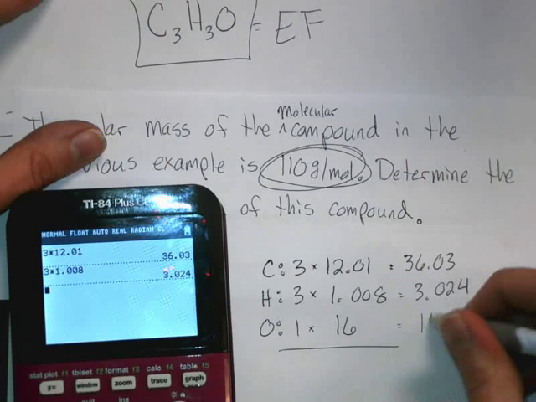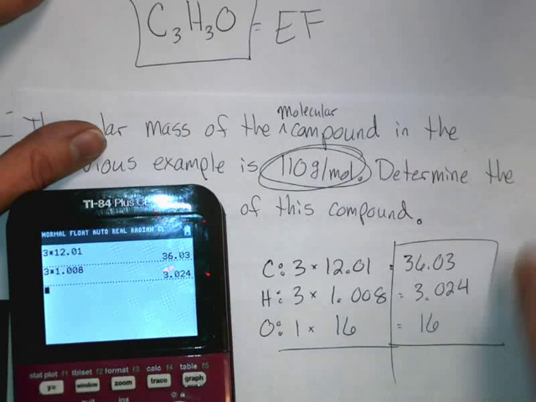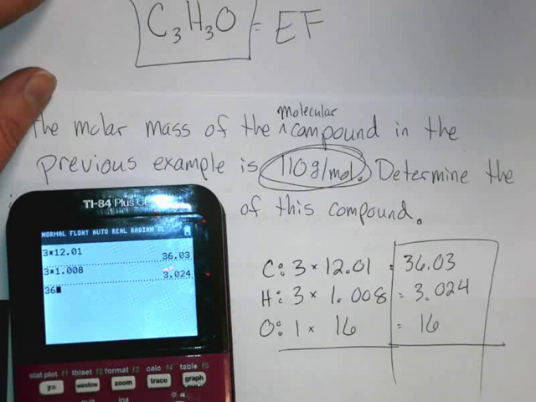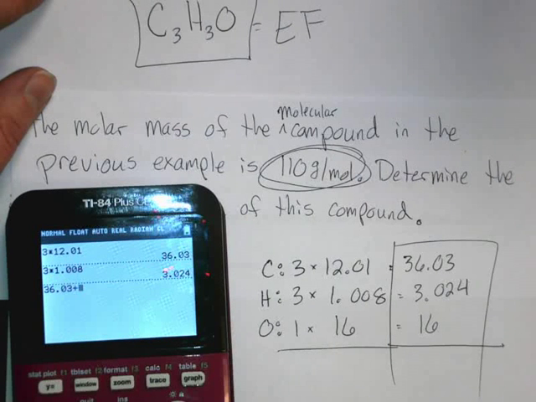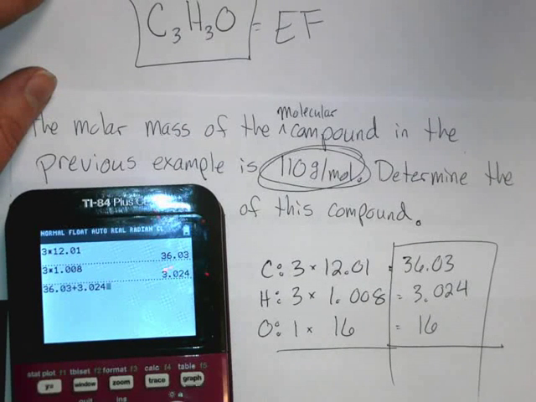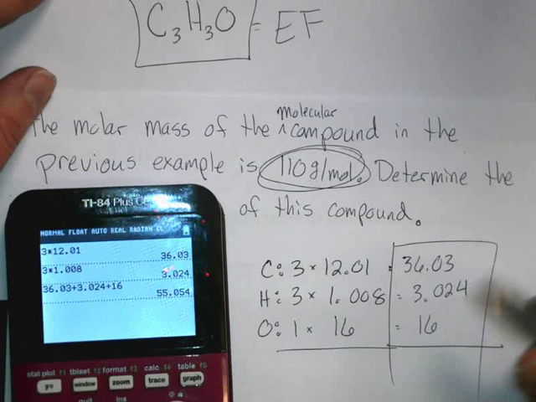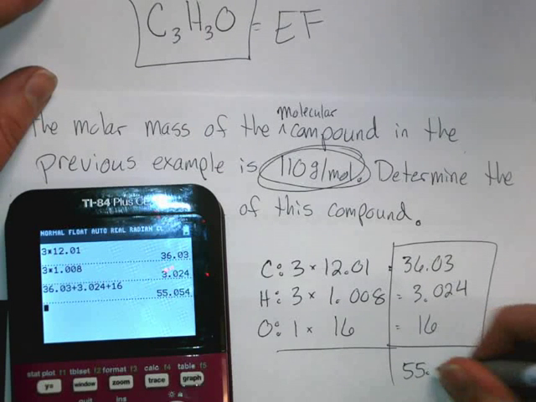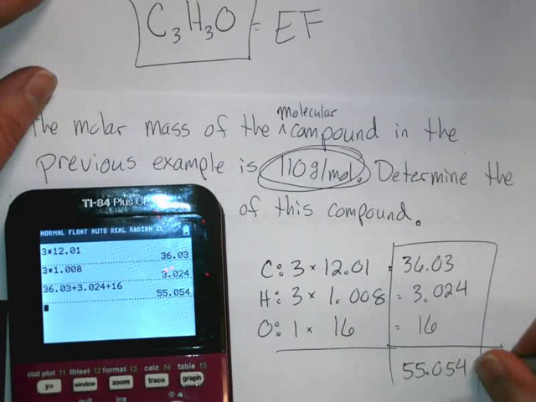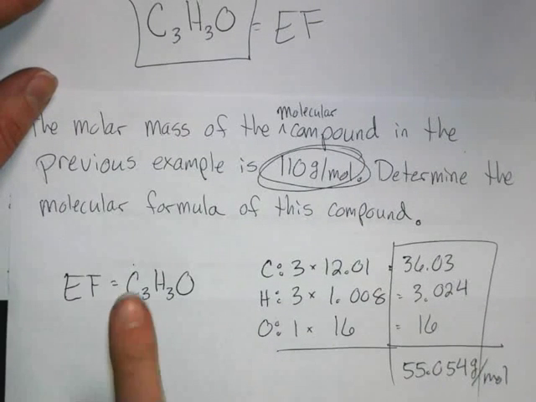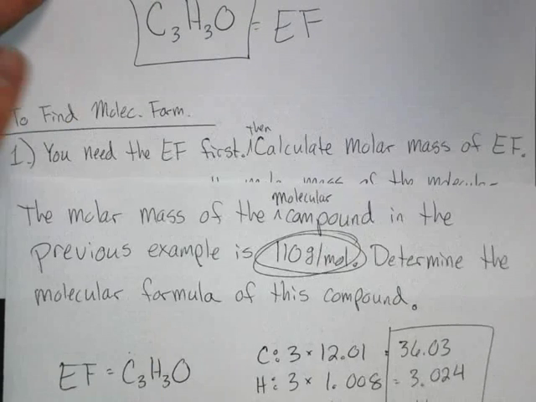And then 1 times 16 is 16. If I add those up together, 36.03 plus 3.024 plus 16, I get 55.054 grams per mole as my empirical formula molar mass.